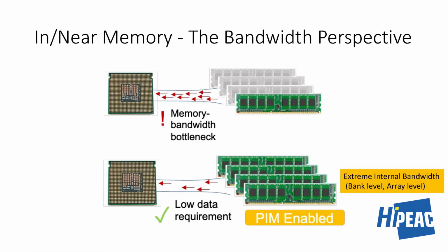So memory bandwidth is data transfer rate, right? So gigabytes per second. And what we see here is that we are choked by this off-chip link, which is the memory bandwidth bottleneck. Now, say we do processing in memory, how are we increasing it? It is because now instead of being restricted to this very narrow off-chip link, we can actually put logic all the way inside these RAM chips, right?